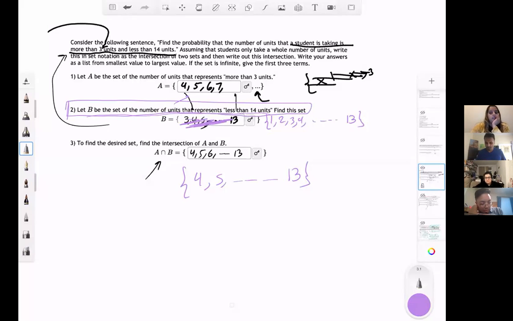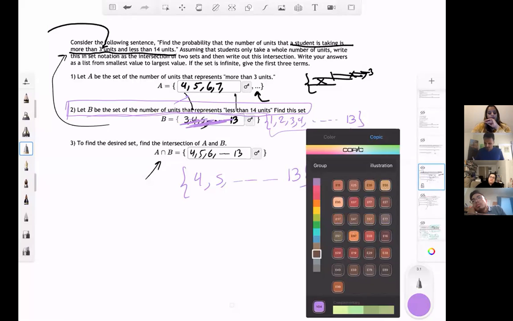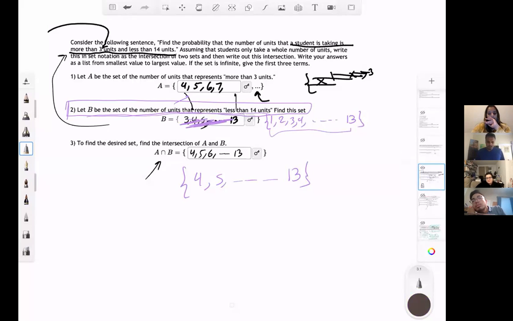So it's going to be 1 to 13, so the information about more than 3 units doesn't apply. The way they questioned it confused me, that's why I went to see the solution. So this set B has nothing to do with this. But at the end, whatever we find, that would be the solution for this.